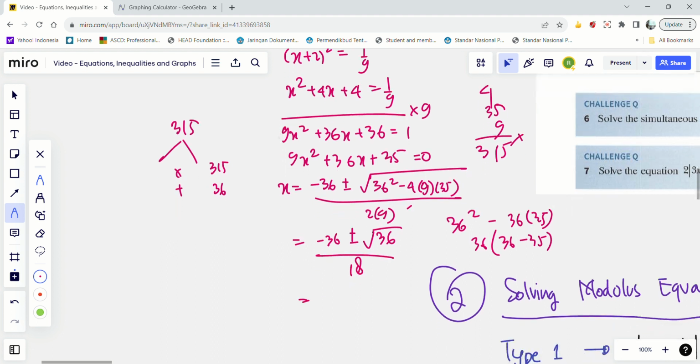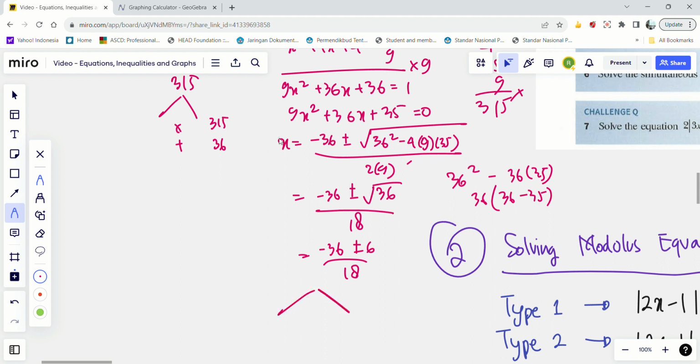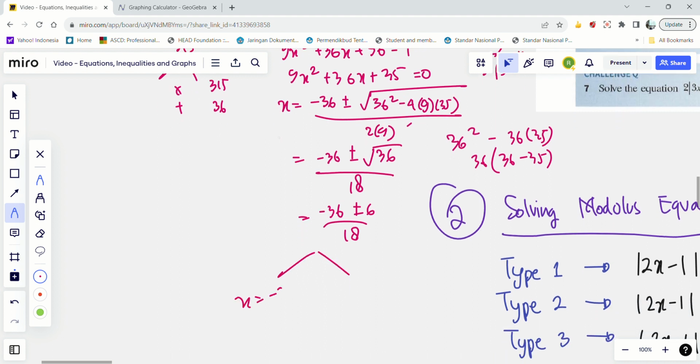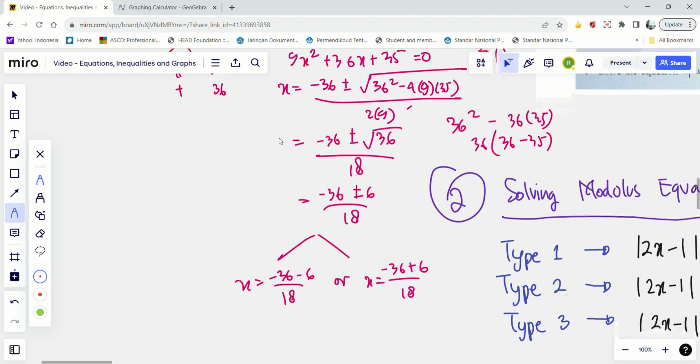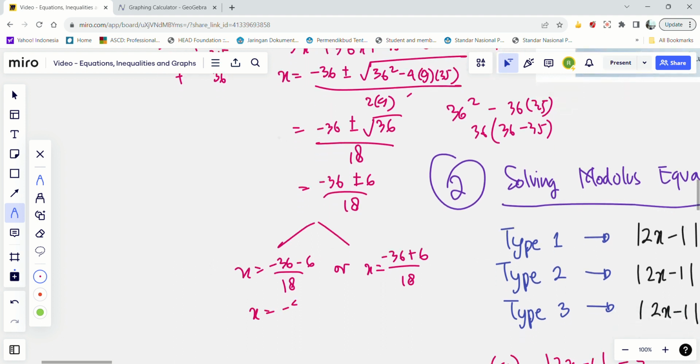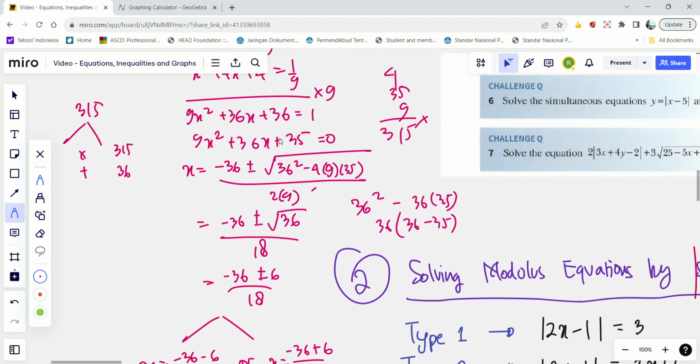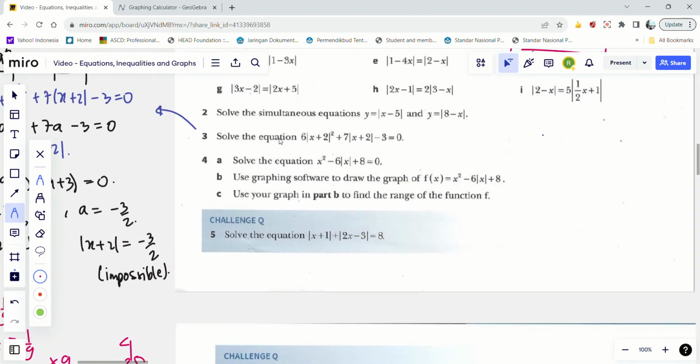So we get negative 36 plus minus 6 over 18. So there are two solutions, negative 36 minus 6 over 18, or negative 36 plus 6 over 18. So we get negative 42 over 18, and negative 30 over 18, and you can simplify it by yourself. And those are the two solutions.